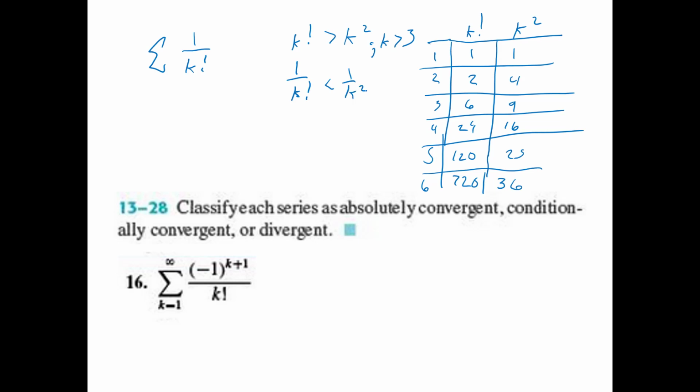And so by the basic comparison test, the series converges. The summation of 1 over k squared converges because it's a p series. Therefore, the summation of 1 over k factorial converges. Therefore, it converges absolutely.